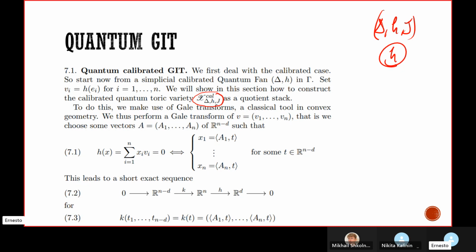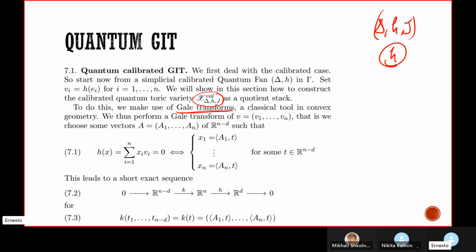And from this H map, we're going to apply the so-called Gale transform. That is very classical in convex geometry. So what we do is we choose some A1, A2, ..., An in R^(n-d), so that this happens.